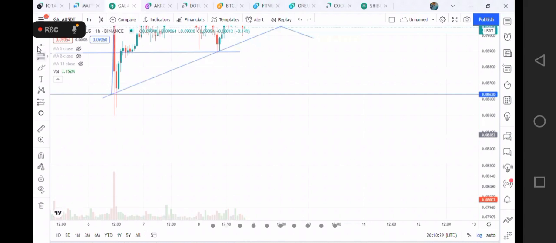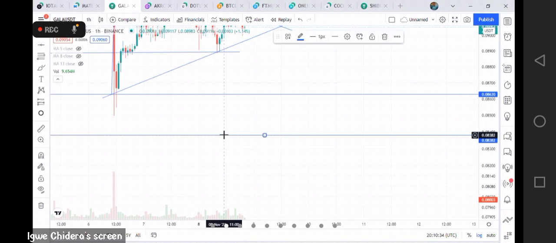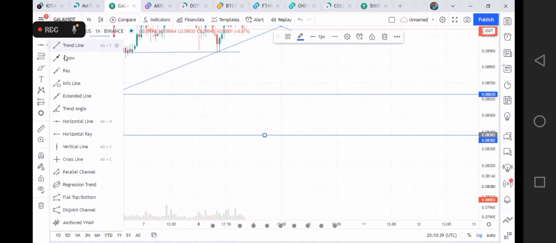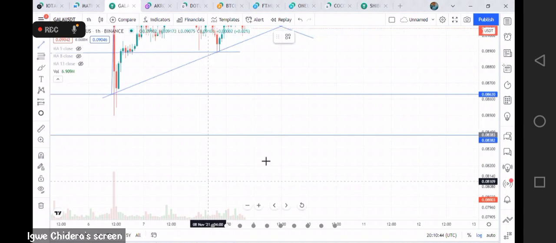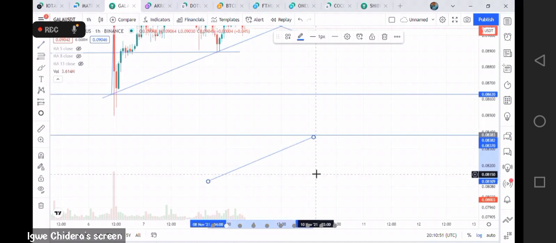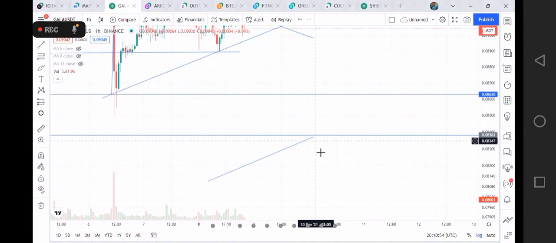You first have what? A horizontal line like this, then an upward slanting what? Trend line. An upward slanting what? Trend line. This is how the structure of the trend lines looks like. So we have made the first and second rule. Let's continue.